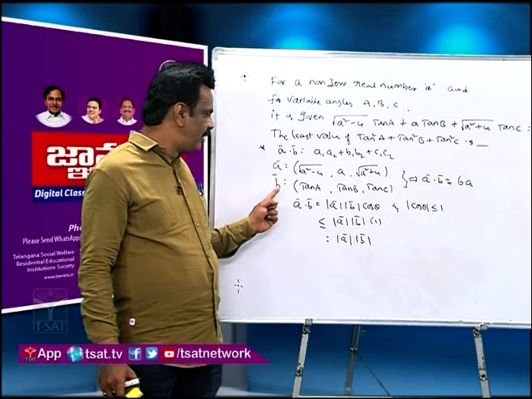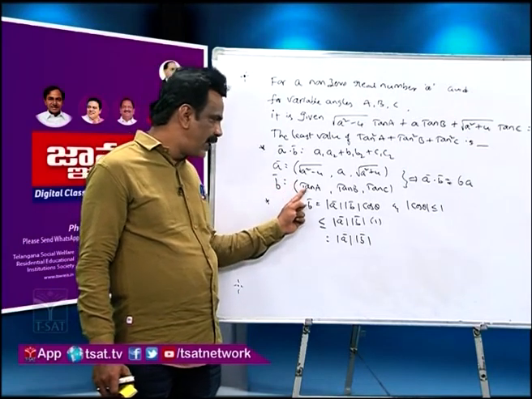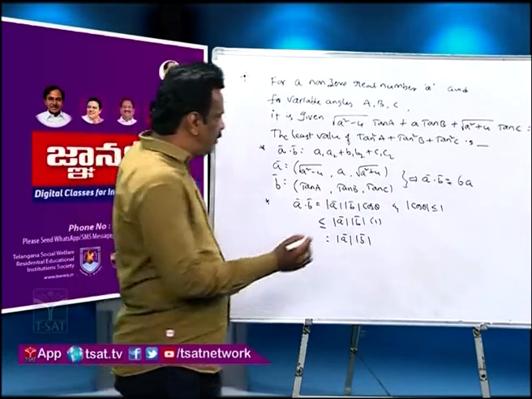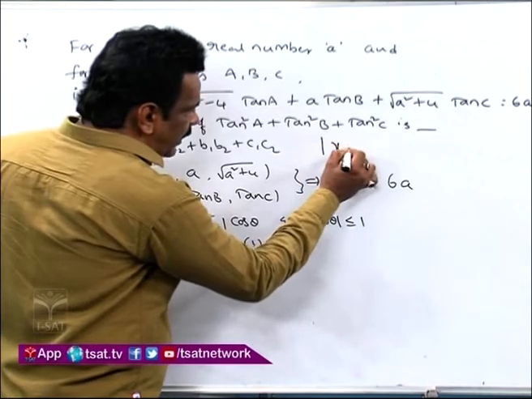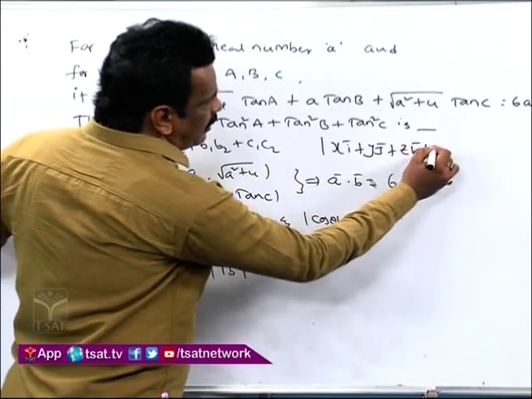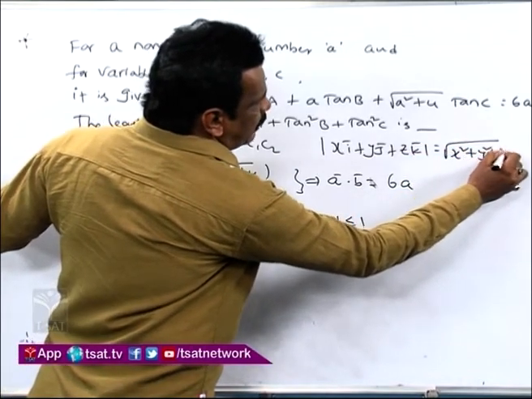Identify here mod b bar: if you take it, mod b bar will be root of tan square A plus tan square B plus tan square C. Otherwise you can remember that mod of xi bar plus yj bar plus zk bar is root of x square plus y square plus z square.